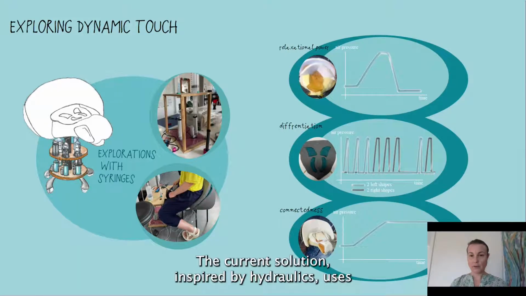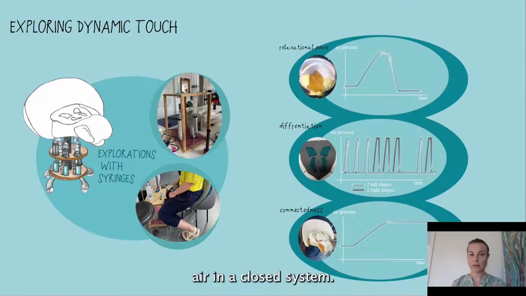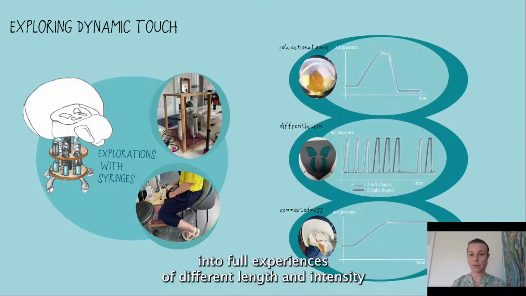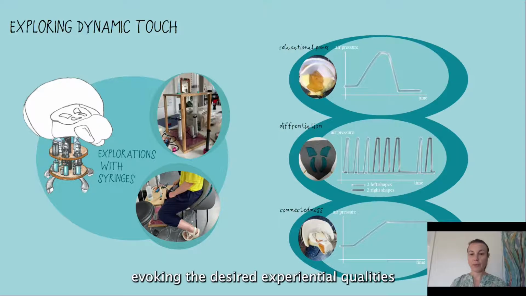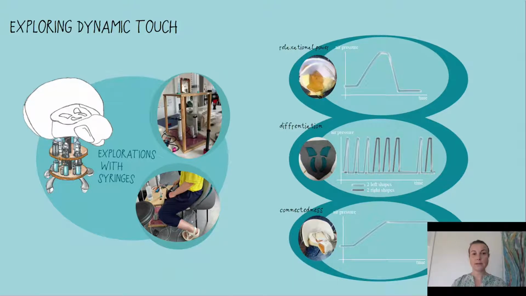The current solution, inspired by hydraulics, uses syringes controlled by linear actuators to push air around in a closed system. The temporality of inflation and deflation is crucial to obtain a nuanced touch. Touches must be orchestrated into full experiences of different length and intensity, evoking the desired experiential qualities and scaffolding the interaction that leads to awareness.